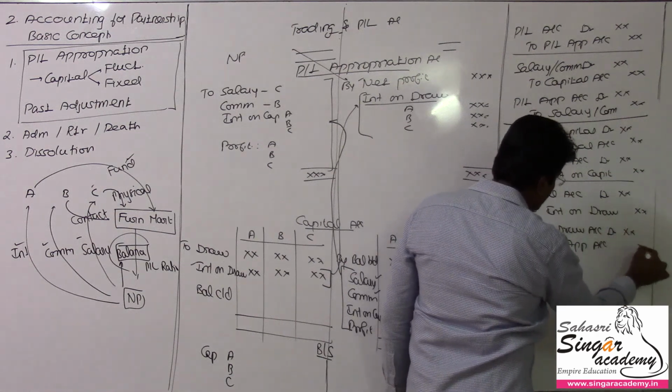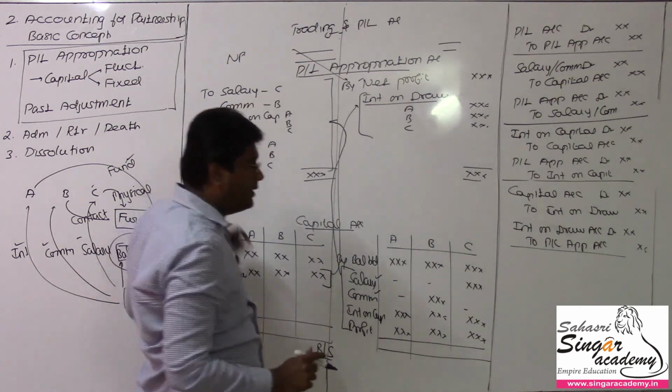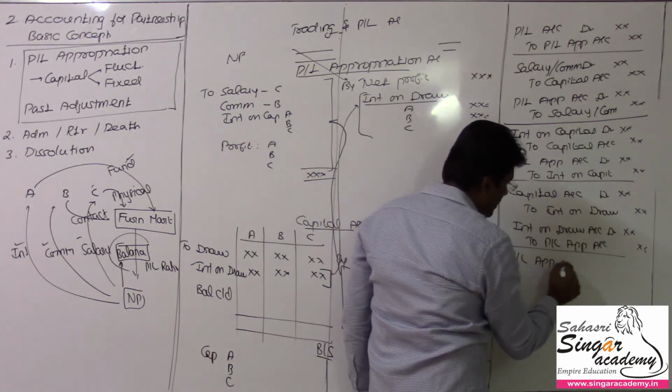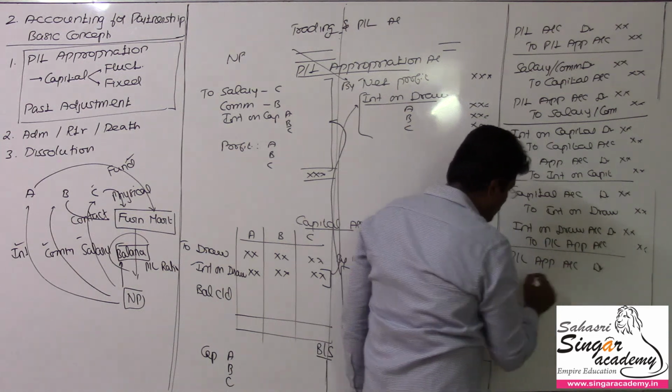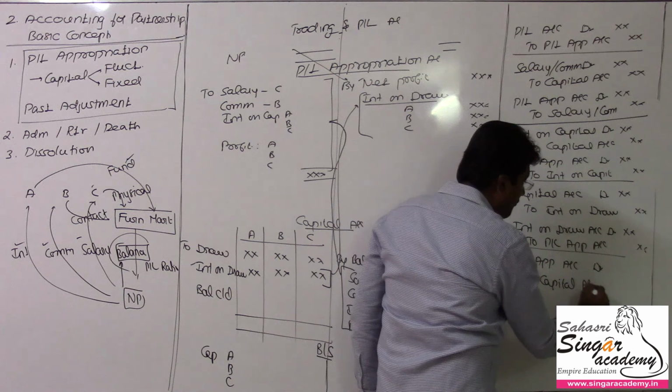Okay, I have posted this, and the ultimate profit, P&L appropriation account debit to partners' capital account, for the distribution of final profit.